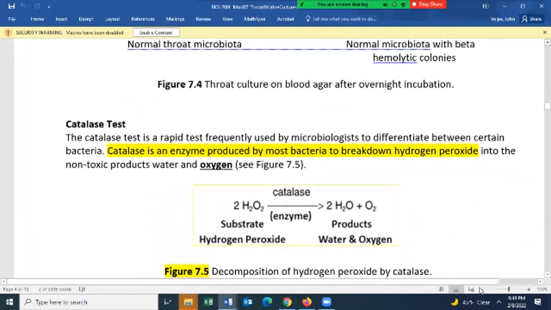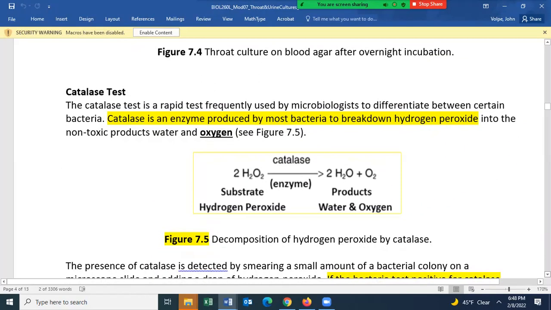Streptococcus pyogenes is catalase negative. Most bacteria that can be grown in air break down hydrogen peroxide by using catalase. Meaning here we have hydrogen peroxide in the presence of catalase. We generate oxygen and water from the hydrogen peroxide.